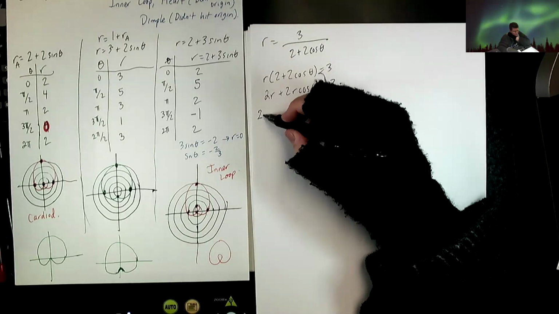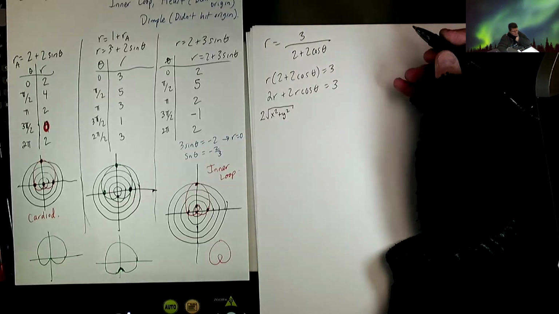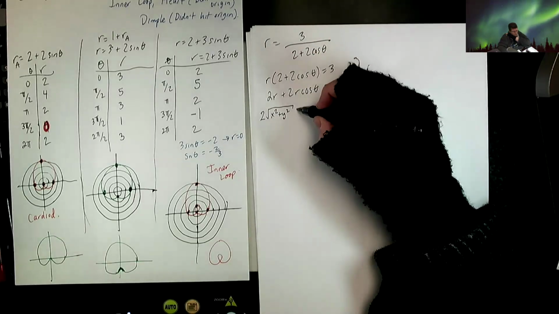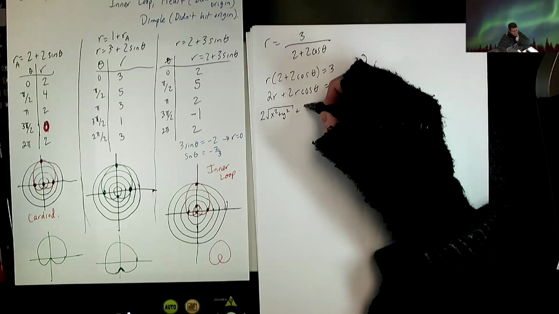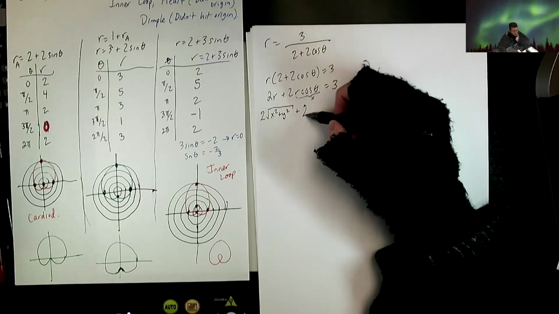r by itself is the square root of x squared plus y squared. And r cosine theta is what? That's just x, so I get plus 2x there.